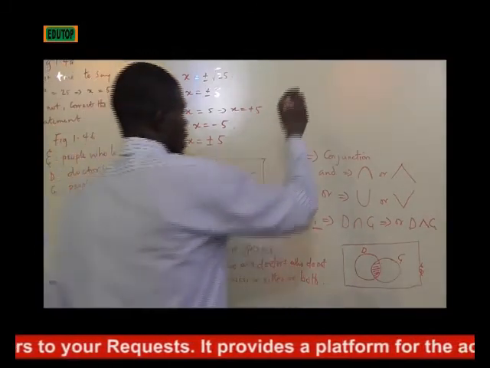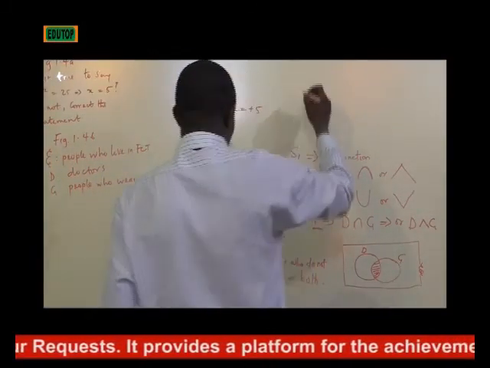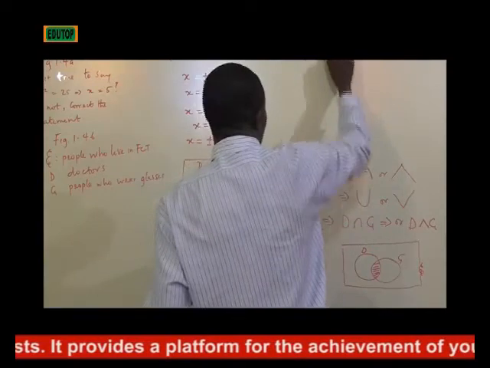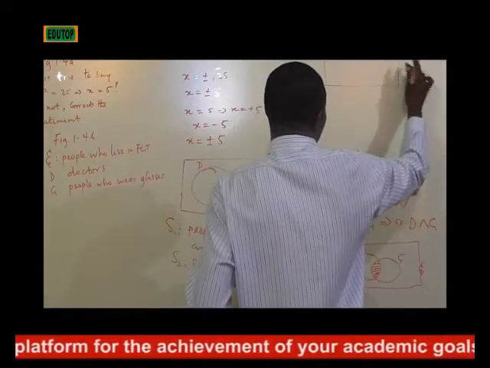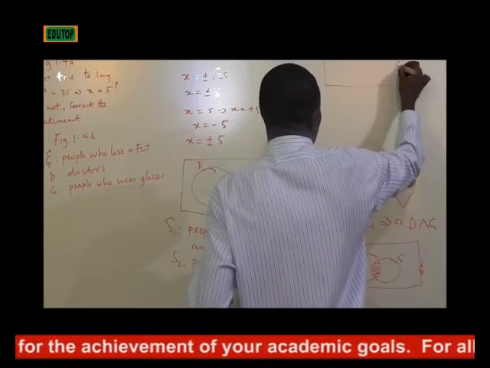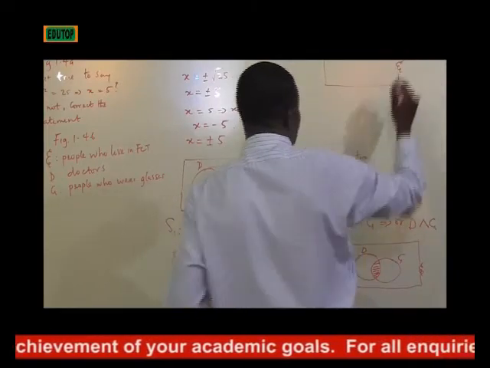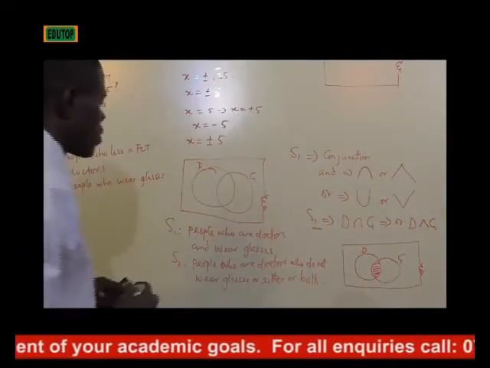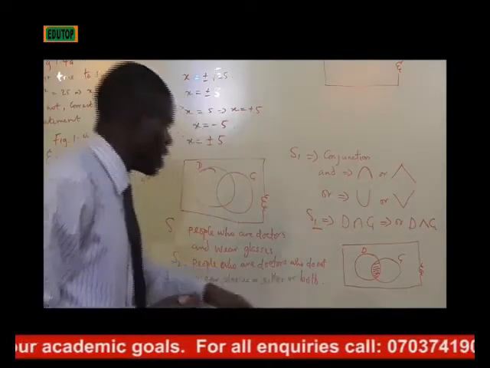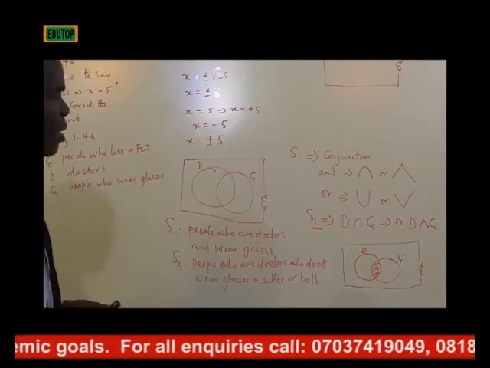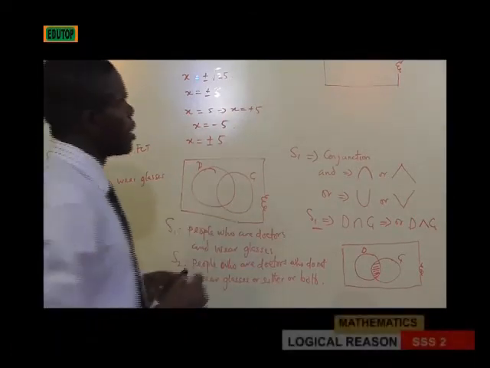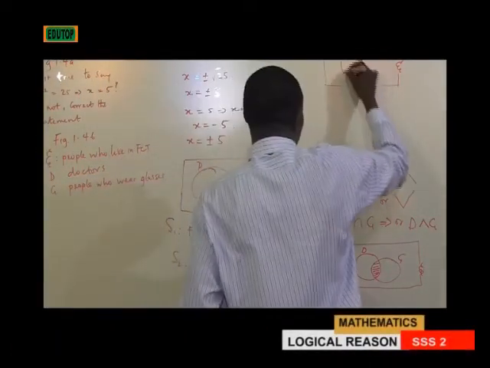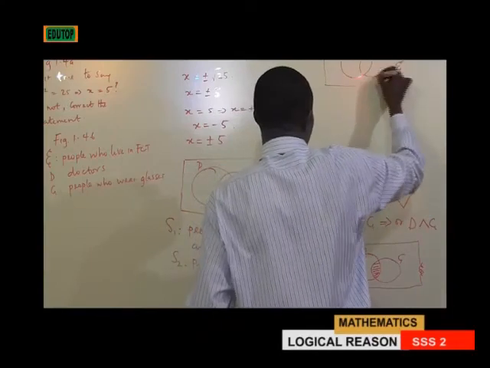In the S2 case, we also have the Venn diagram, but what you have here is different because you have the disjunction. It is not linked, unlike the S1 case where it is linked. So here you have this and this.